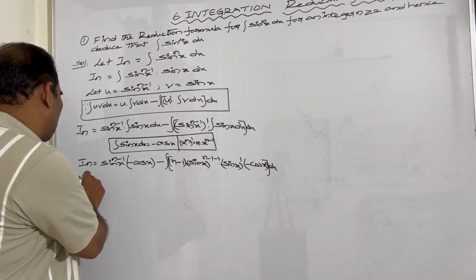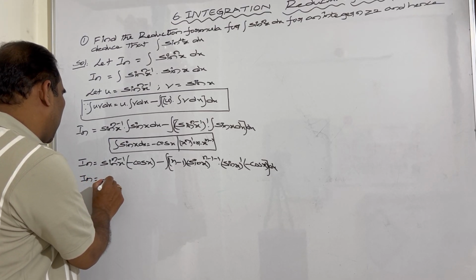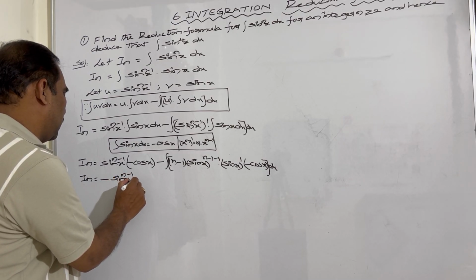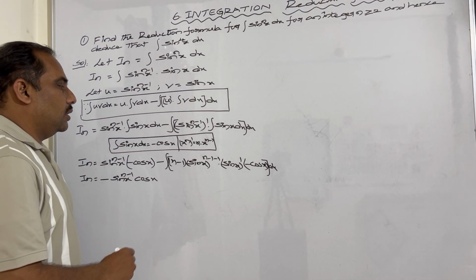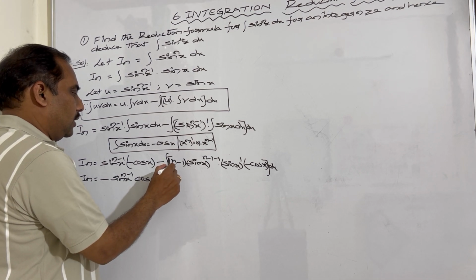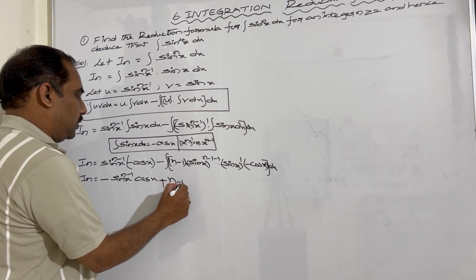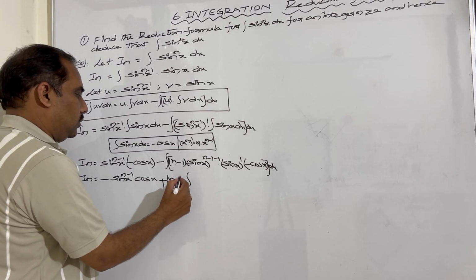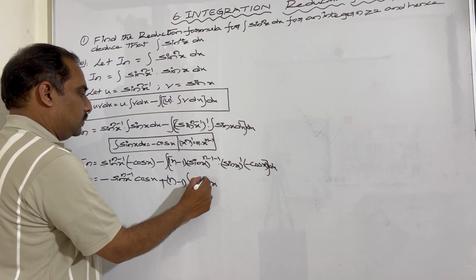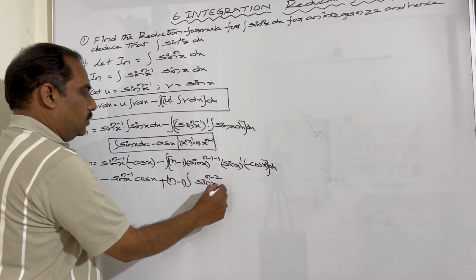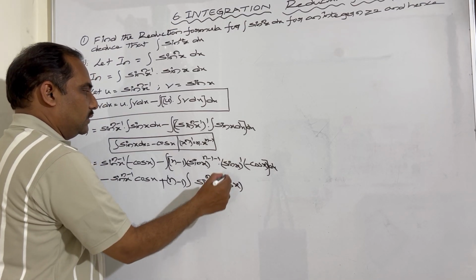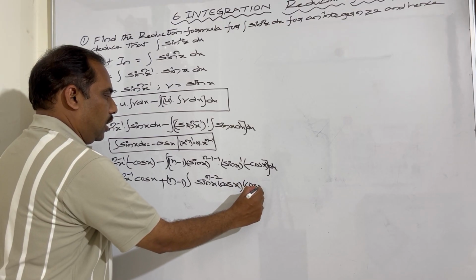So now I_n is equal to minus sin x power n minus 1 into cos x, and here minus into minus is plus, and n minus 1 is constant with respect to x, so n minus 1 into the integral of sin x power n minus 2, into the derivative of sin x, which is cos x, into cos x dx.